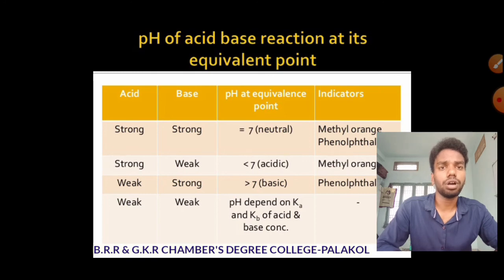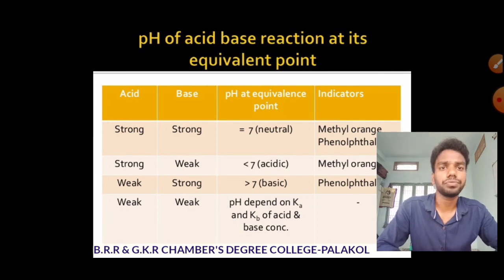Now both are strong, so the equivalence point, that is the end point, may appear at pH equal to 7, around 4 to 10, in between, that is 7. So we can use any acid-base indicator for this type of titration, strong acid, strong base. You are using methyl orange or methyl red or phenolphthalein. So you can use any acid-base indicator for this particular titration, strong acid versus strong base.